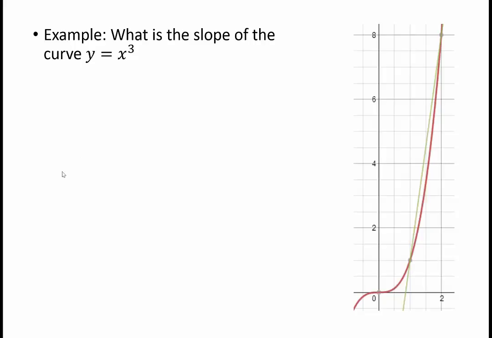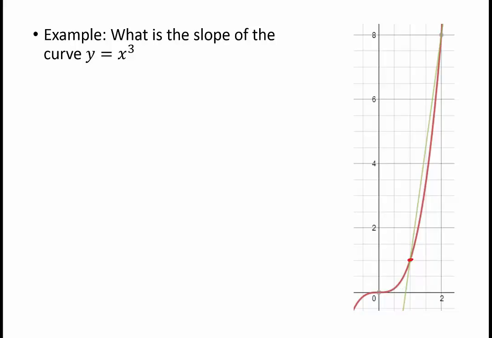So let's do this problem and let's say, well, what is the slope of something on the curve y equals x cubed? Well, let's say we're interested in this point right here.